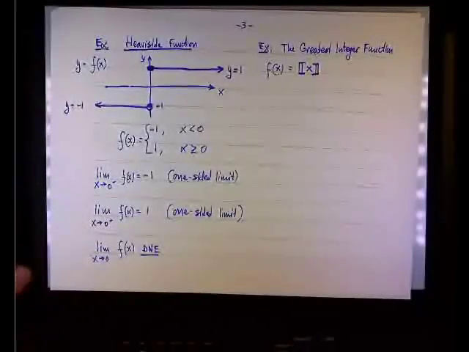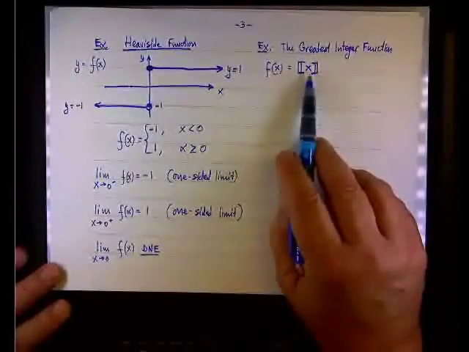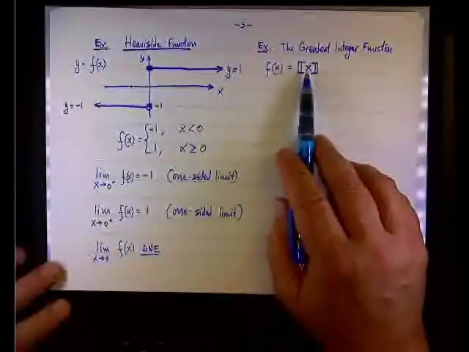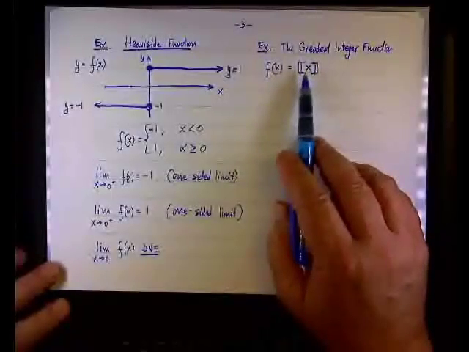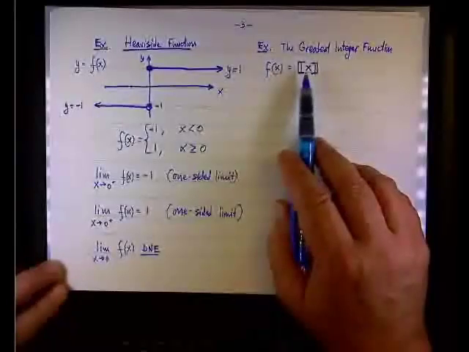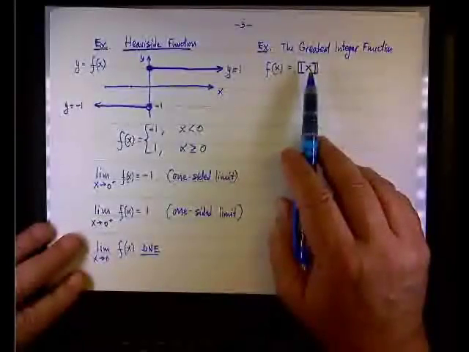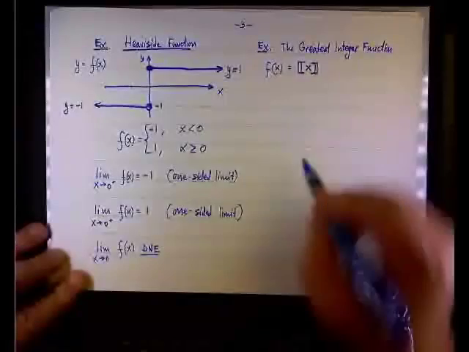What it does, for instance, if this number is a rational number x, let's say 2.1, the function will return the greatest integer portion of this number.